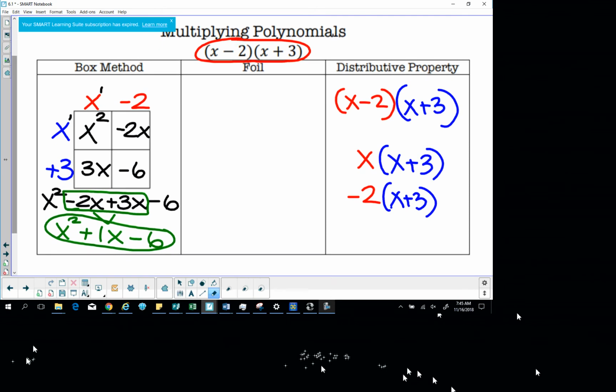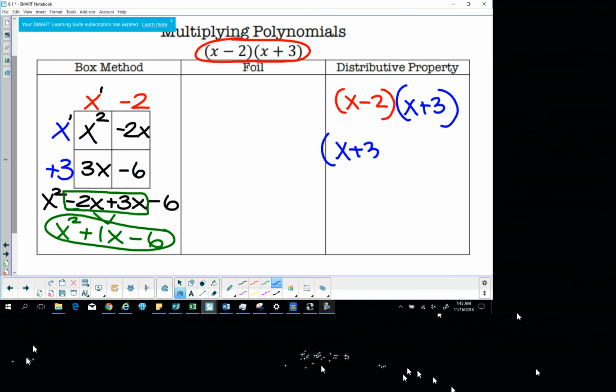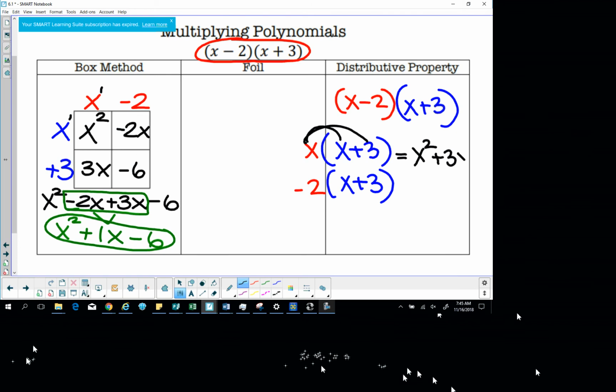So I'm going to rewrite it. So move it over a little bit. Sorry. So x plus 3. Does everyone get what I did right here? Yes, sir. Cool. Then all you're doing is multiplying. What's x times x? X squared. X times 3. Positive 3x.